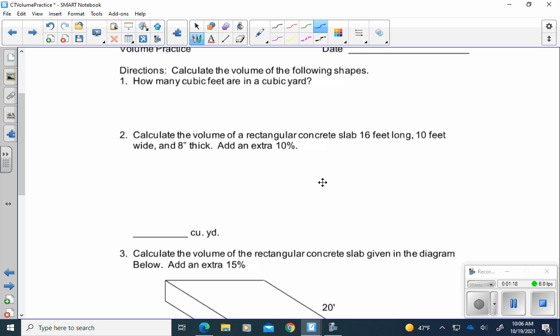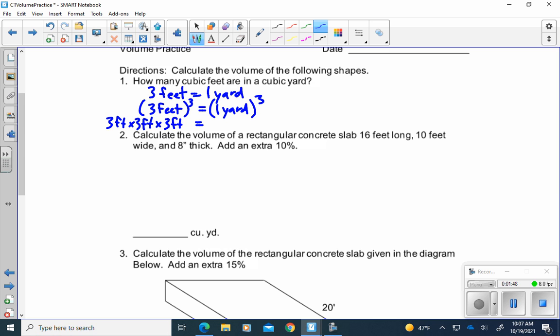You might remember that there's 3 feet in 1 yard. So if I cube that, I raise it to the 3rd power, cubing. 3 feet cubed is 3 feet times 3 feet times 3 feet.